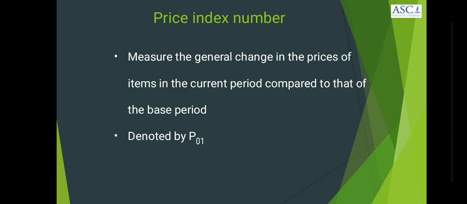Price index number measures the general change in the prices of items in the current period compared to that of the base period. This definition is very similar to the definition of price relative. If we compare both of them, learning this definition becomes very easy. Price index number is denoted by capital P with 0 and 1 written at the base.